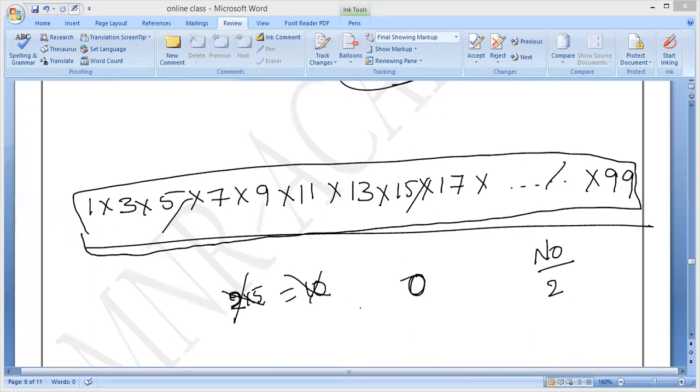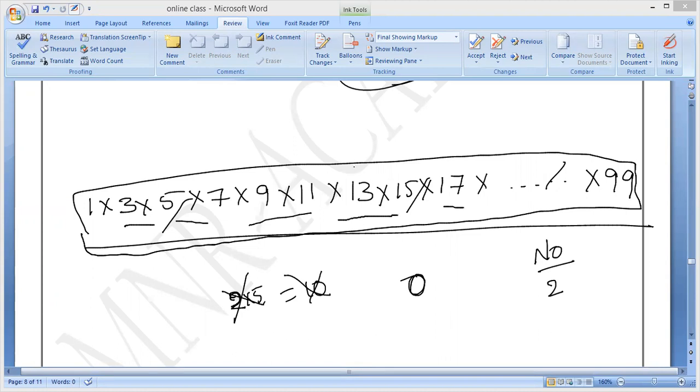You understand the last question? Here 2 does not exist, because 2 is not a factor of any of these numbers since all these are odd numbers, correct?